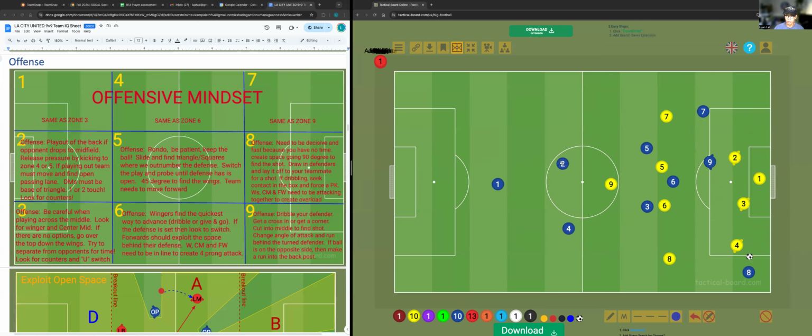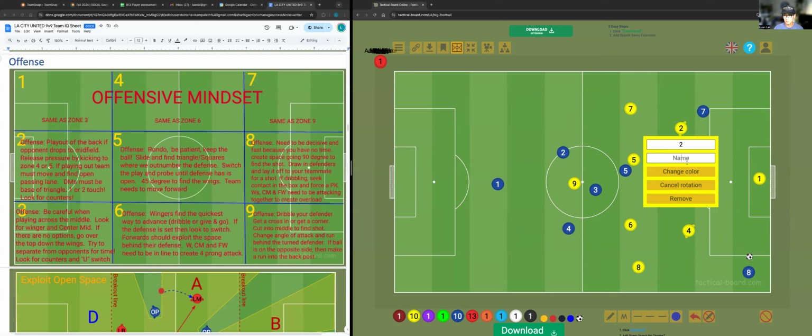So we're going to move all these guys out. I'll remove his arms. And let's say we're here. And the ball is sent from 3 down into 9, right?